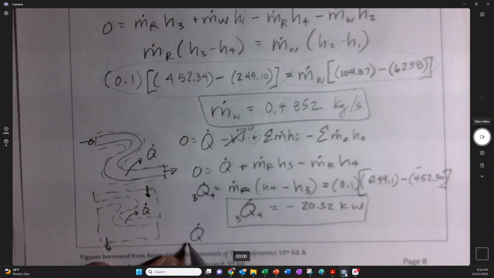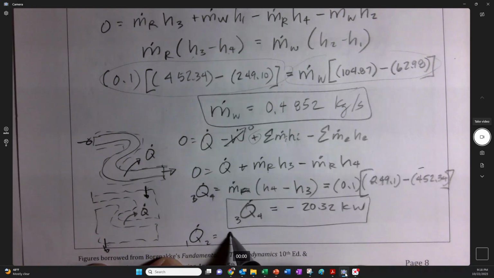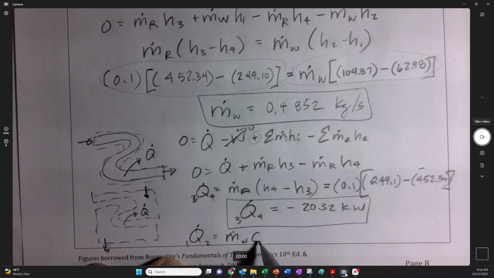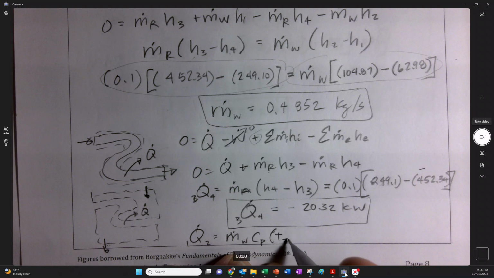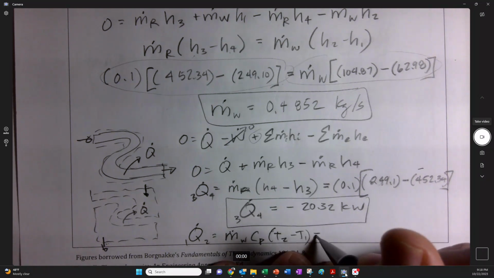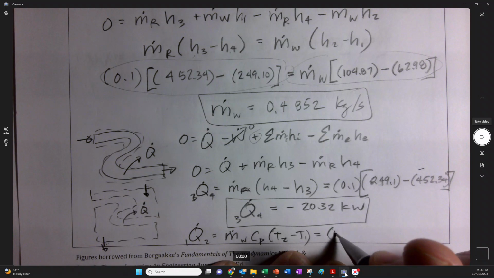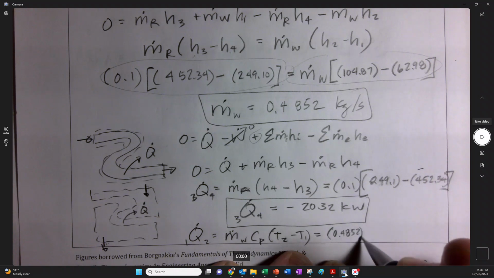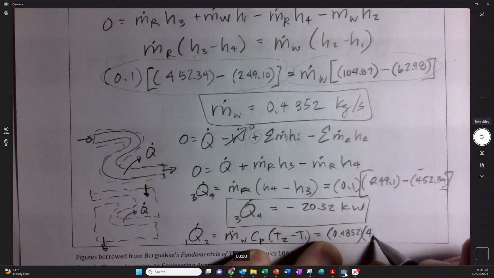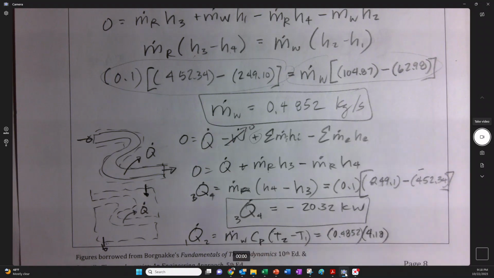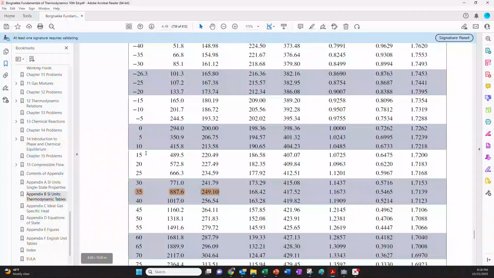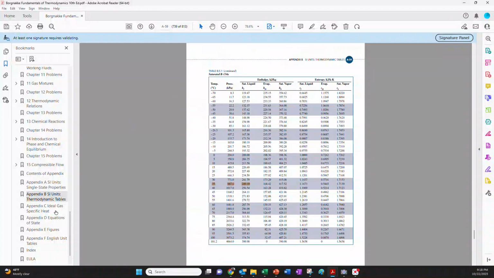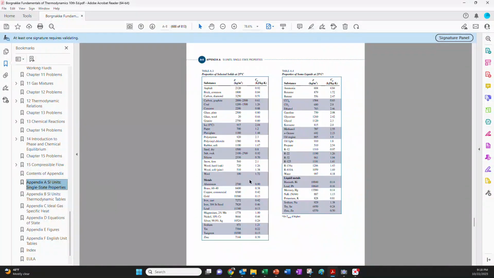We could say Q from 1 to 2 is going to be m dot water Cp times T2 minus T1. So 0.4852, and the specific heat of water, I think is 4.18. We could find that in the tables, A4.